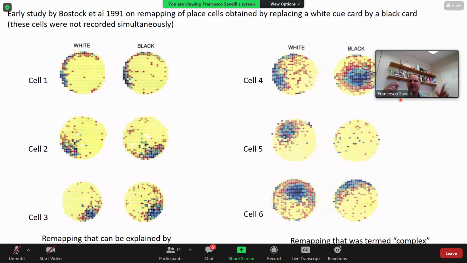Like broken rank, like not in marching order. So each goes a little bit independently. And again, this is not the study to show it because they were not recorded simultaneously, although we know that cells tend to do the same thing in a familiar environment. So probably this is what was happening here too.